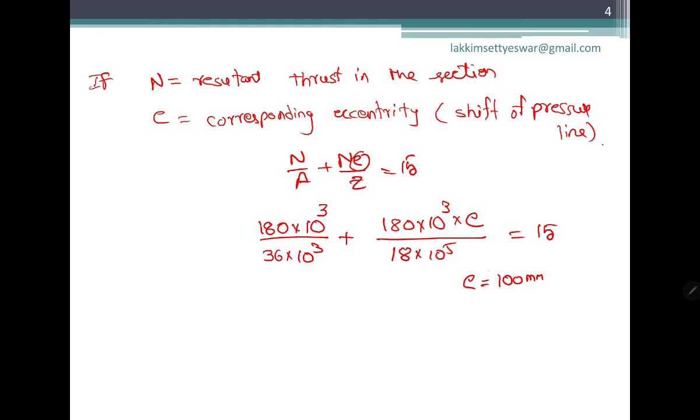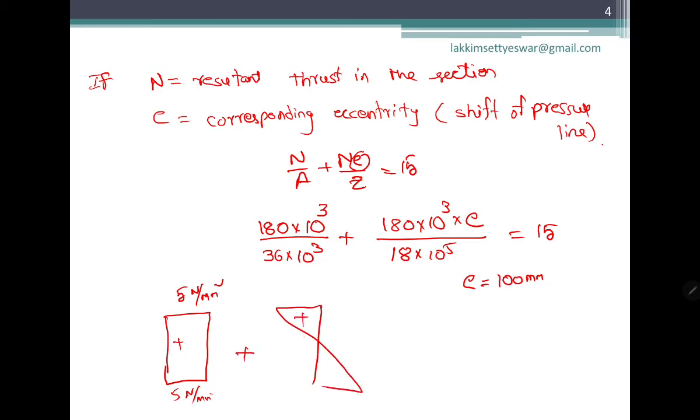Let's draw the resultant stress diagrams. This is the direct stress, 5 Newton per mm square on top and 5 Newton per mm square at the bottom, plus the bending stress M by Z, 10 and 10.